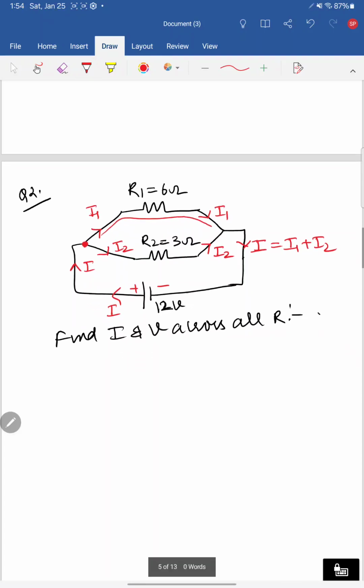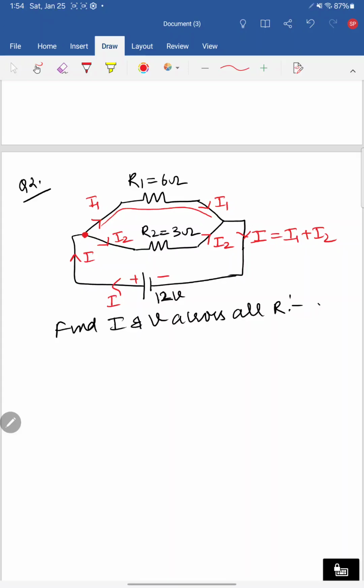Right. Second thing which we know about when the resistors are connected in parallel, we know that the voltage is same, right? And by that I mean that whatever this plus value is, the same is here. Whatever this minus value is, the same is here. That means across these two resistors also the voltage is 12 volt.